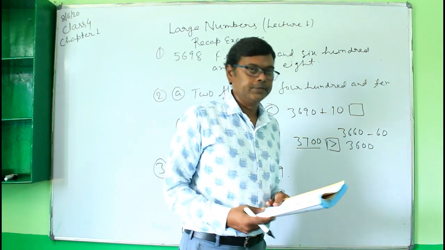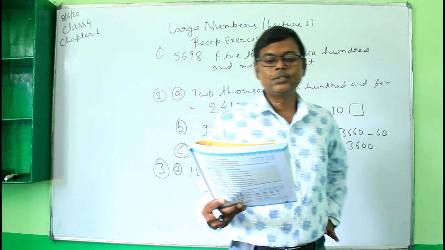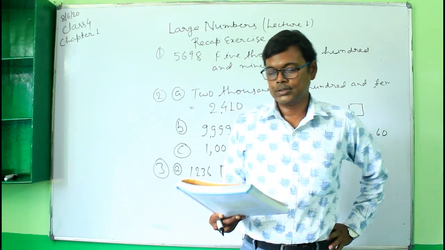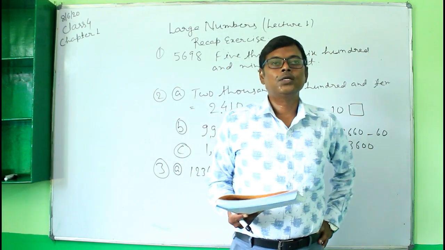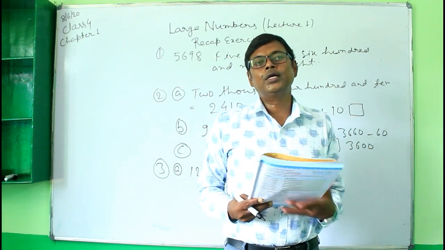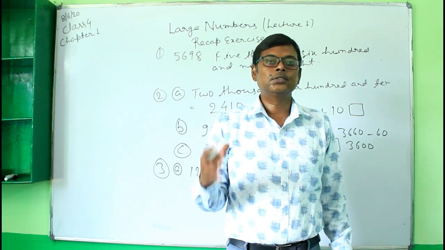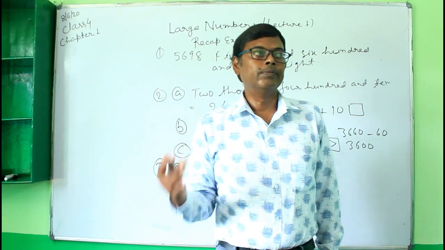And now the next question: fill in the blanks with the correct numbers. What is the predecessor of 4000? You know predecessor means the previous number.